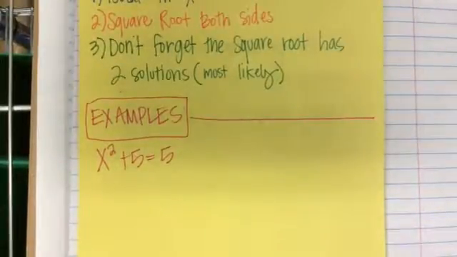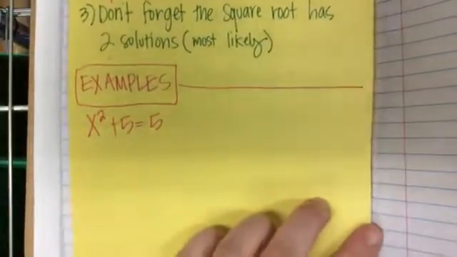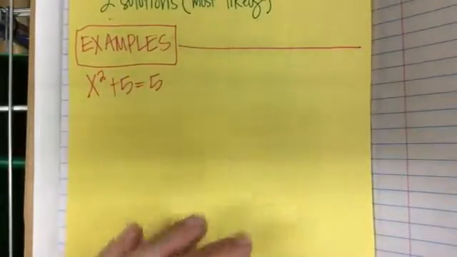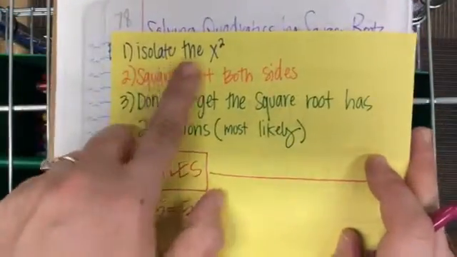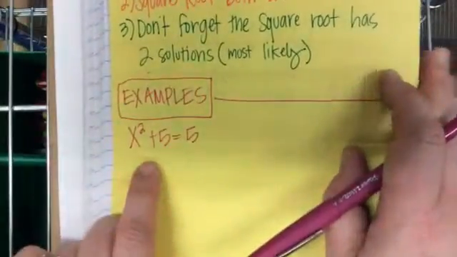I don't want to factor it necessarily because I don't have a b value, right? Factors of c that have a sum of b. So factoring's kind of out of the option. So let's solve it, right? Let's square root. Because there's no b value, I can square root it. So isolate x squared, meaning get x squared by itself.